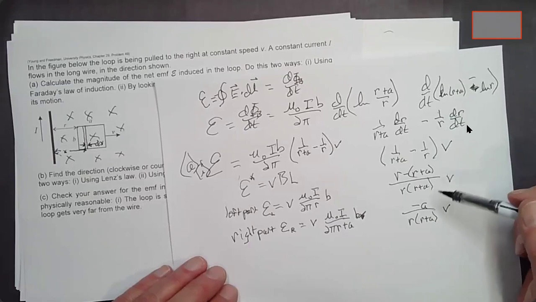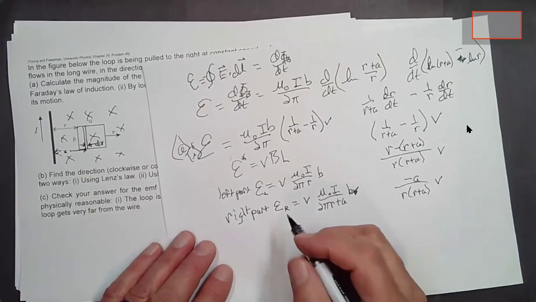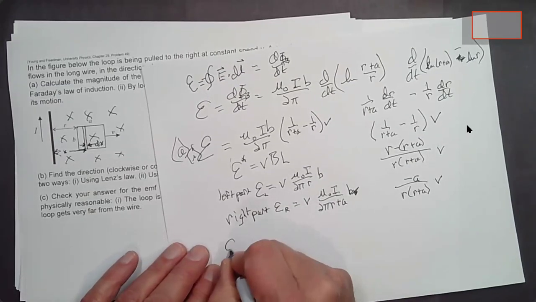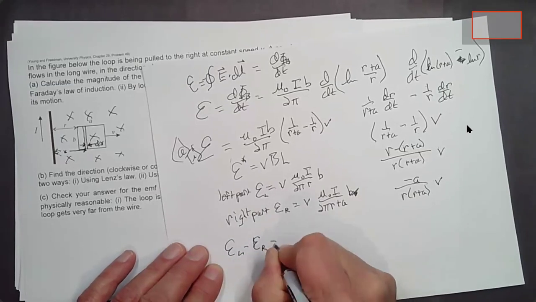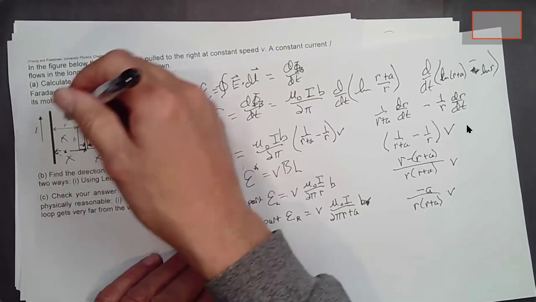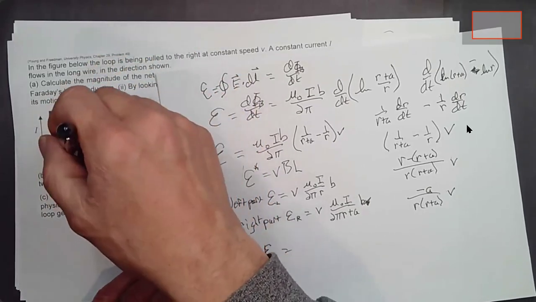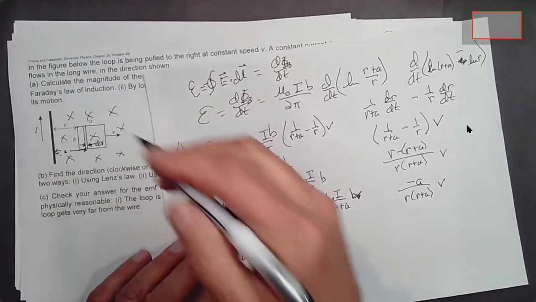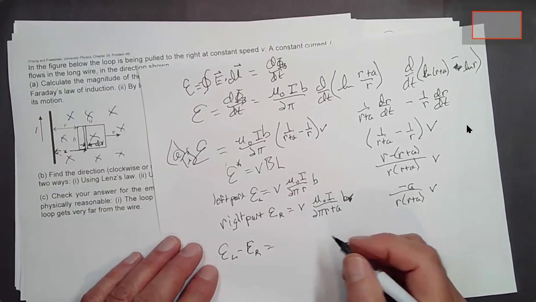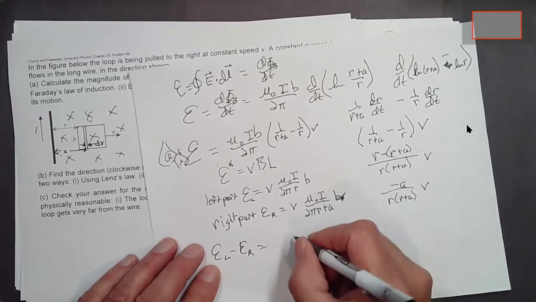Faraday's law would have a minus sign on there. But anyway, E_L minus E_R, which is the net EMF, because if we're going opposite in EMF, we put a minus sign on it for our little loop there. Sorry about all this.